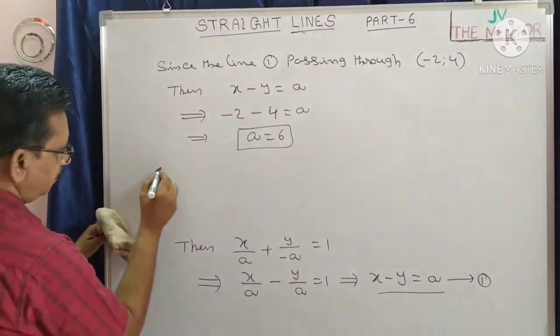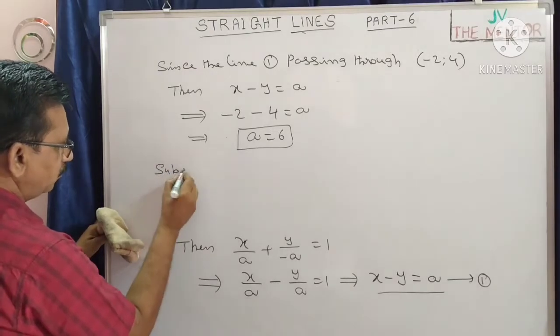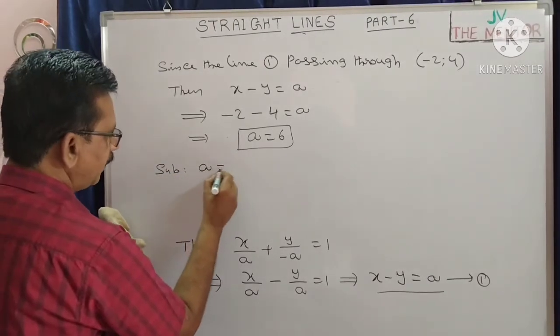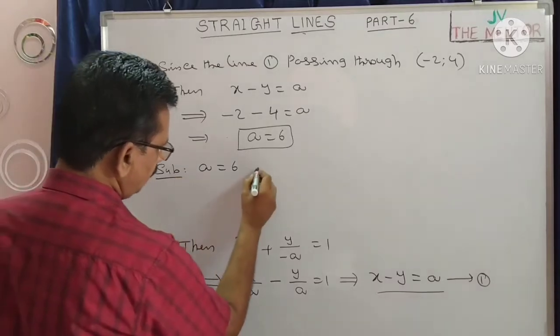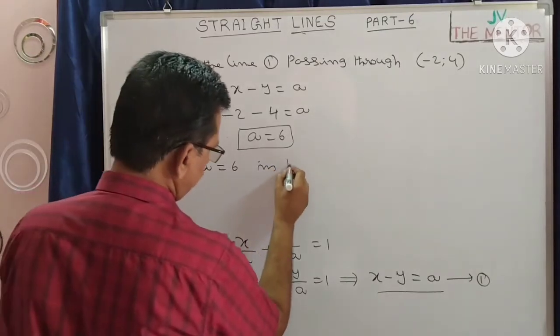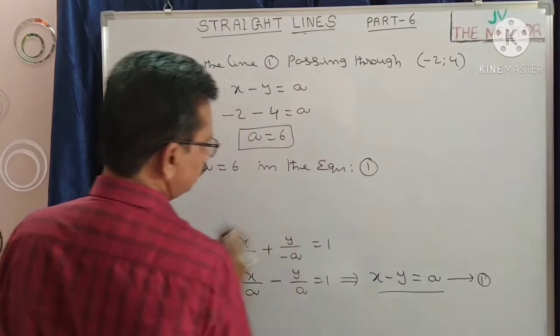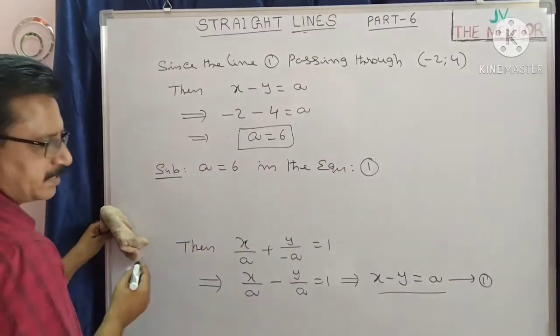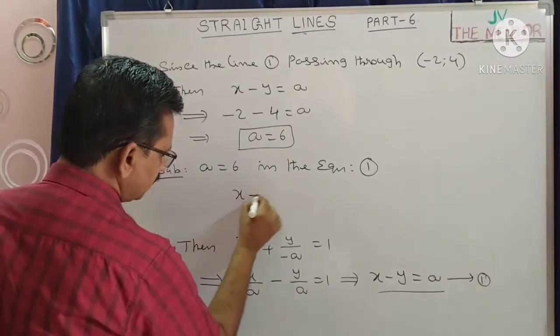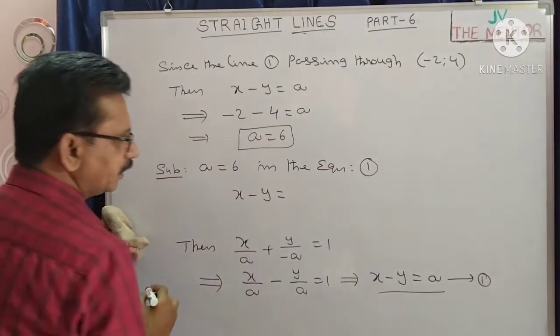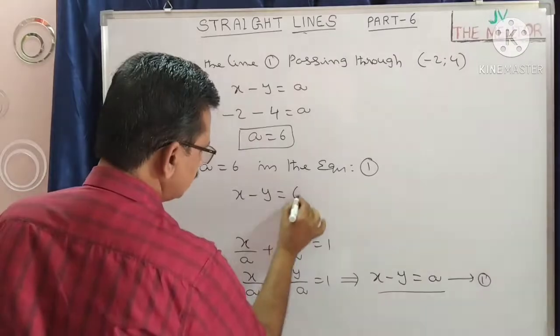Okay. Now substitute a equal to minus 6 in the equation 1. What is the equation 1? x minus y equal to a. What is the value of a? It is minus 6.